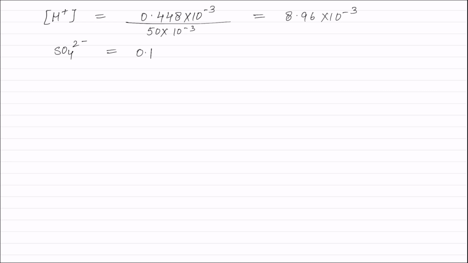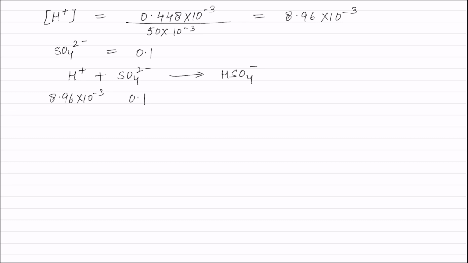Now in this equation, where H⁺ ion combines with SO4²⁻ ion to give HSO4⁻ ion, the initial concentration of H⁺ ions is 8.96 × 10⁻³. Concentration of sulfate ions is 0.1 and initially the concentration of HSO4⁻ ions is 0.